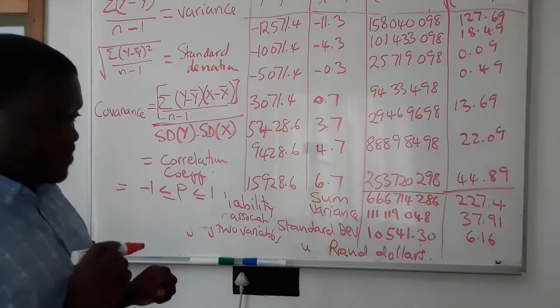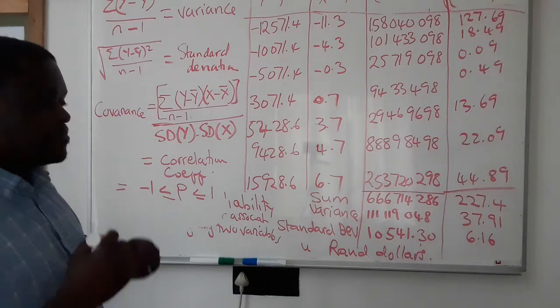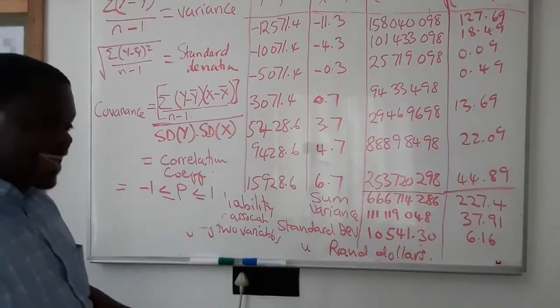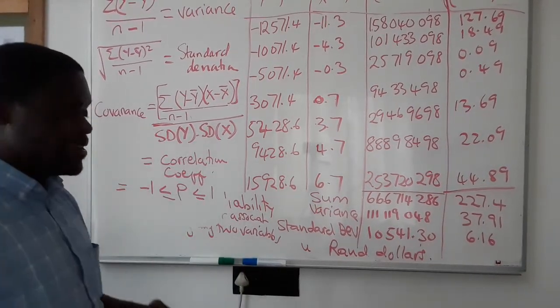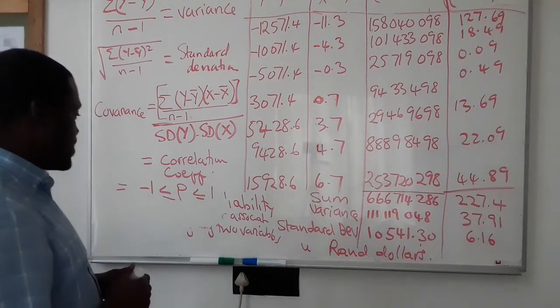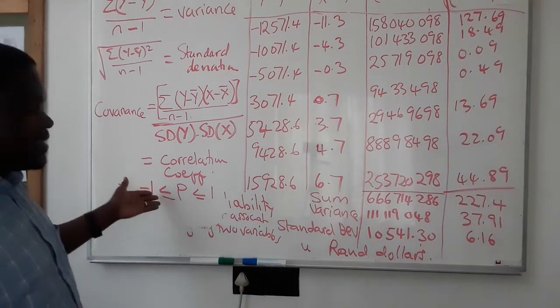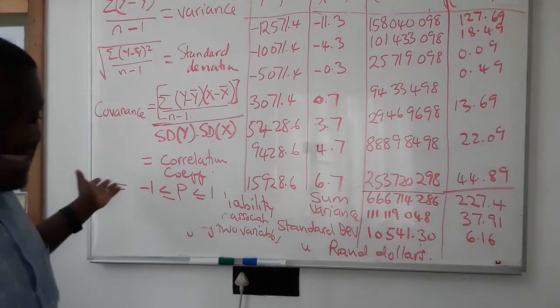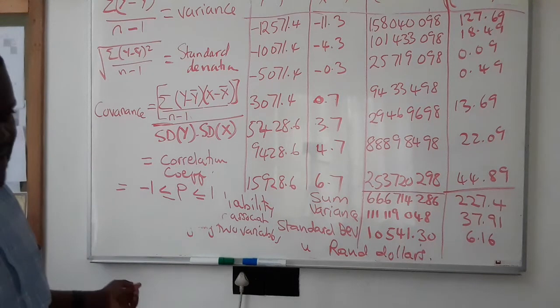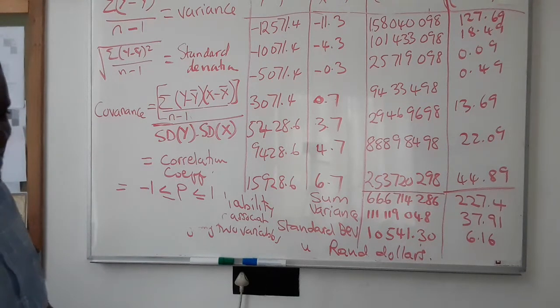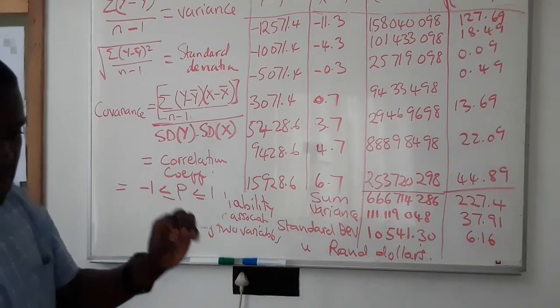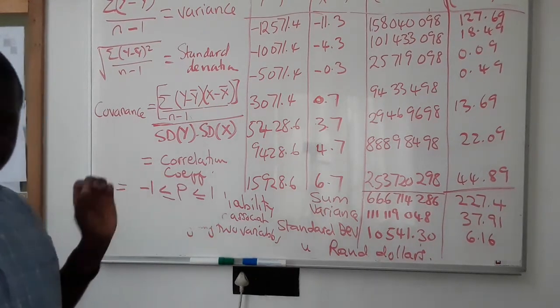Remember, correlation is about reliability. They are strongly and reliably linearly associated. If it is, let's say, -0.9, it is also a high number anyway, so it means it's highly reliable, but it's a negative relationship.